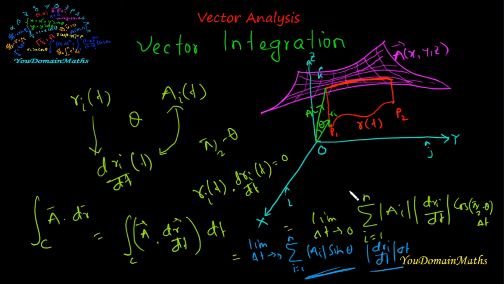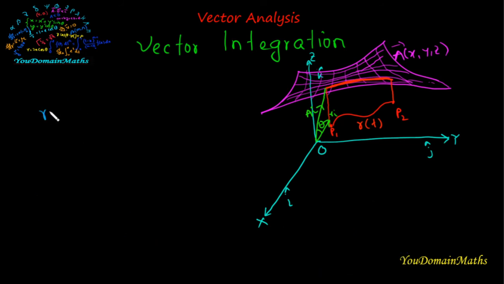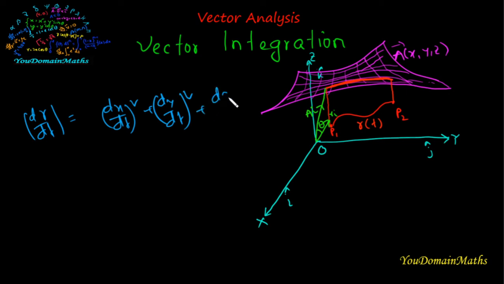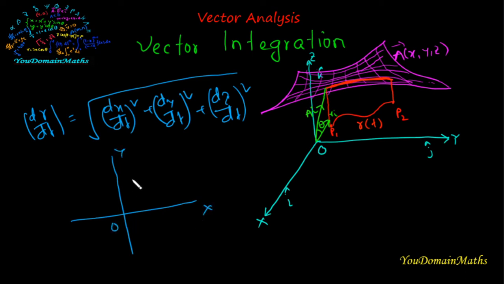Now we will see this is the width. If we write the magnitude of dr by dt, then we can write it as the square root of dx by dt whole squared plus dy by dt whole squared plus dz by dt whole squared. In the two-dimensional case, it is easy to say: this is x and y, this is the curve, and this is delta s, that means a small arc length, and this is the perpendicular line and this is vertical to it.